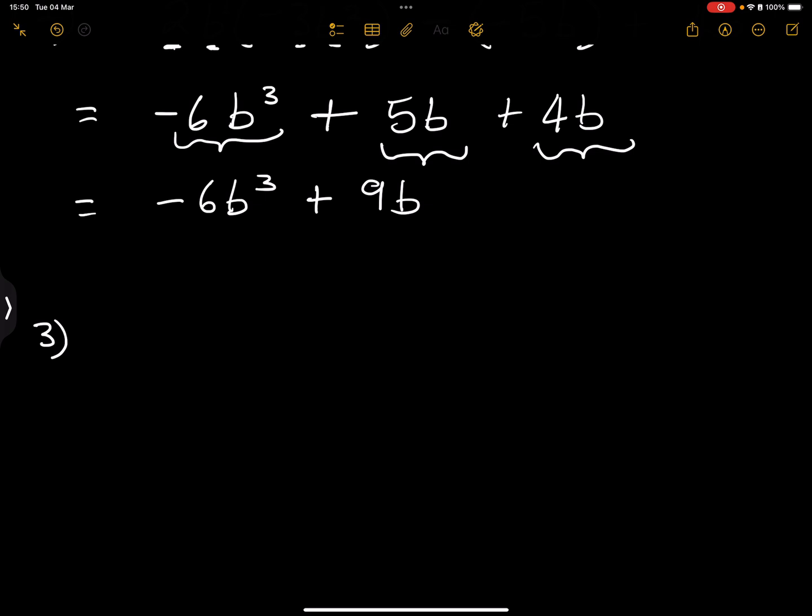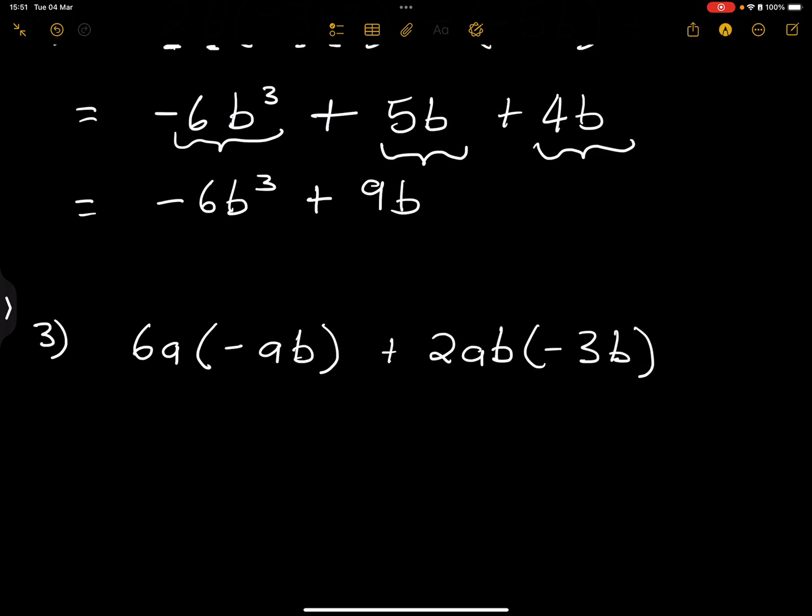So I'm going to say, if I take 6a into negative a times b, plus 2ab into minus 3b, plus 4ab. Please pause the video. Try to do it on your own. And thereafter, you can look at my solution.